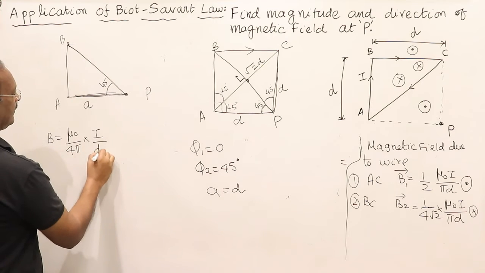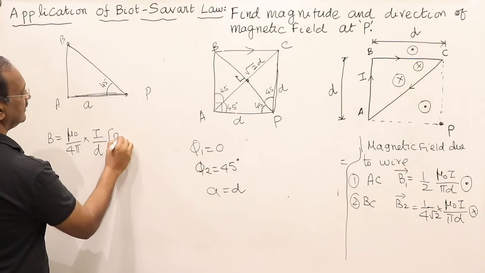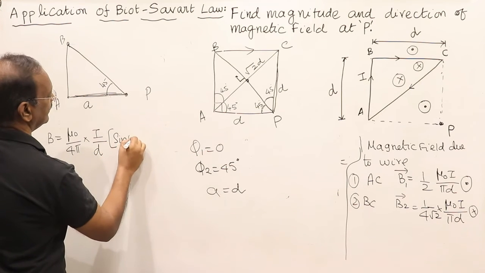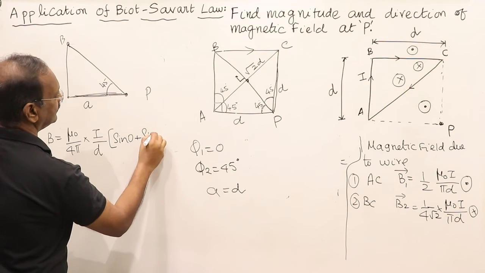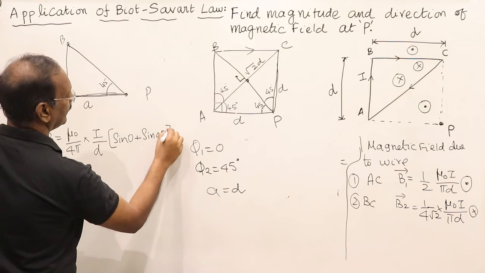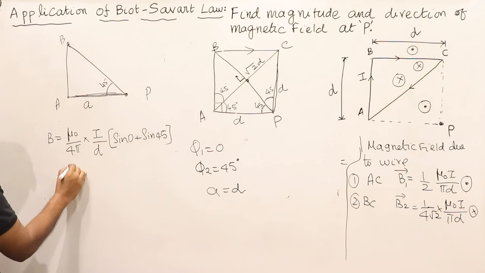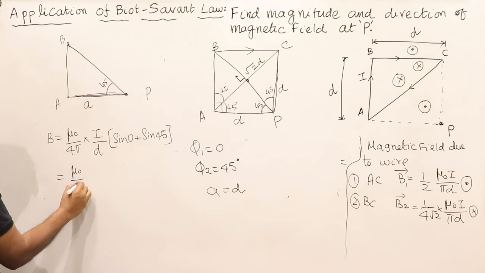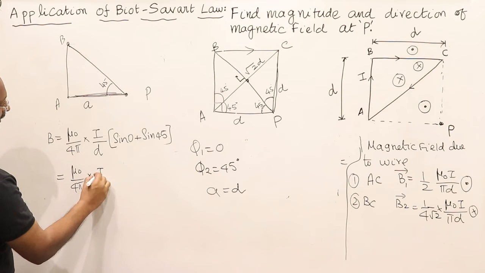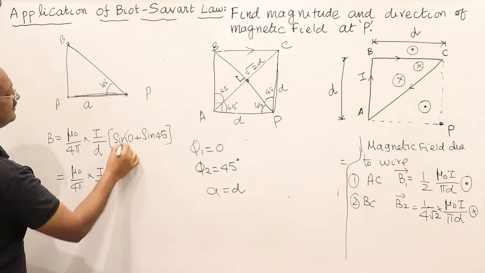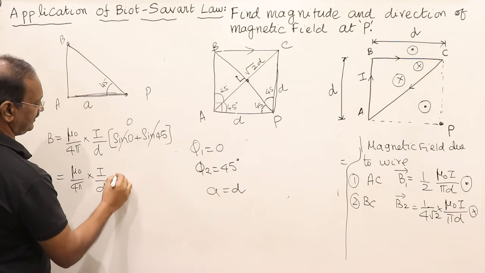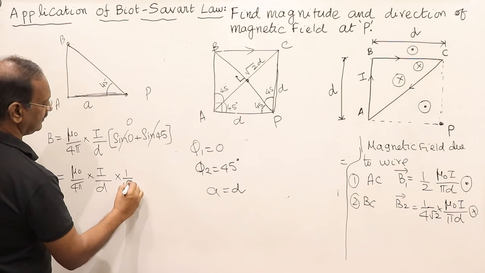So we write A is equal to D, into sine of phi 1, sine of 0, plus sine of phi 2, 45. So it is equal to mu naught by 4 pi into I divided by D. Sine of 0 is equal to 0, sine 45 is equal to 1 by root 2.